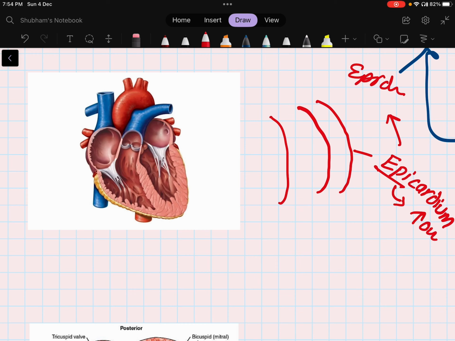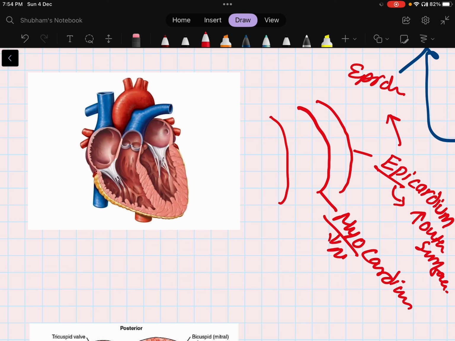Outside, the outer surface. In the middle we will have the myocardium. What does myo mean? Middle? No, myo means muscles. So in this section we will have all the muscles of the heart, all the cardiac muscles and myocytes are present in this layer.